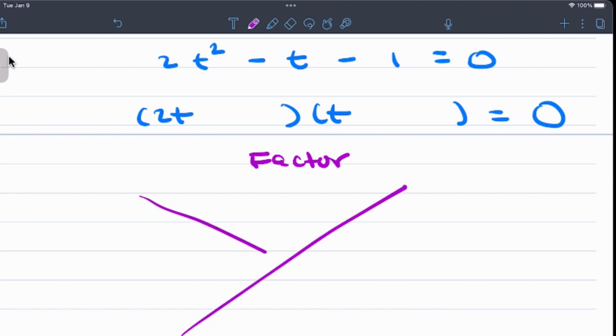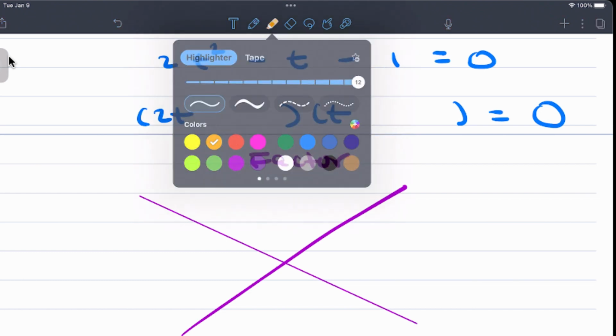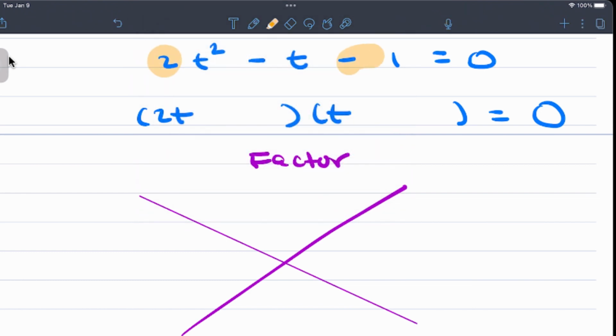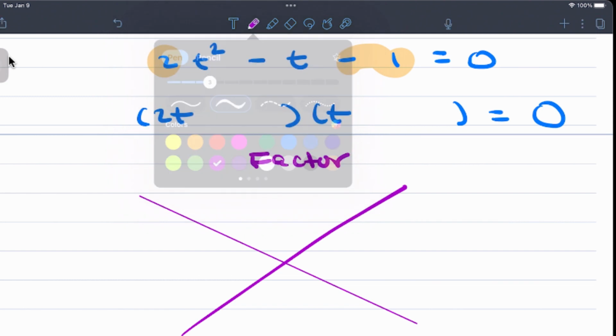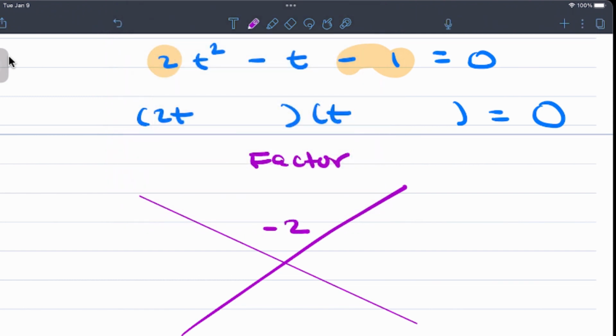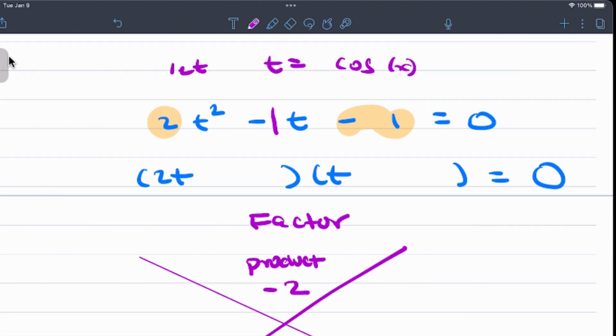Remember the crisscross method? You take these two numbers, the A and C, you multiply them together, and that's going to be -2, right? And then the number here is a -1. This is the A value, the B value, and the C value.